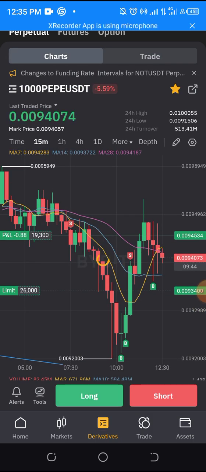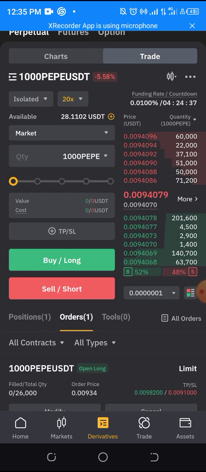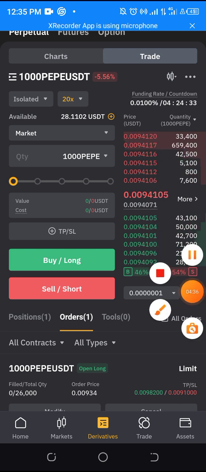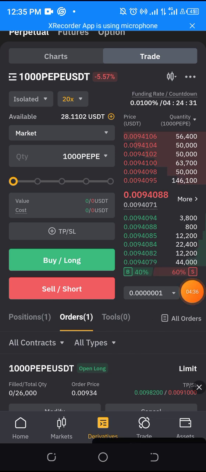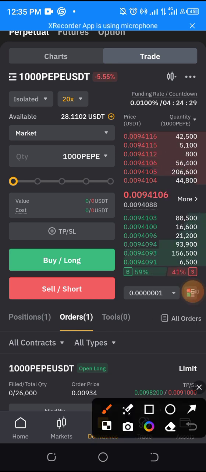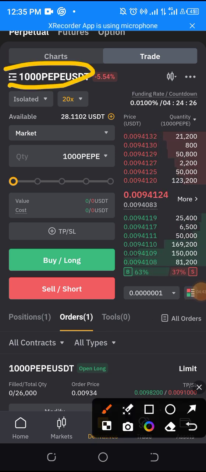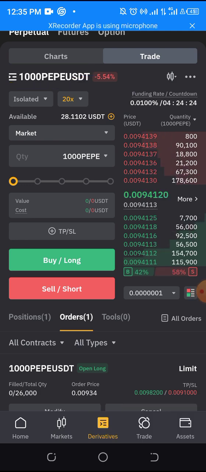I'm taking my time to explain this very well. All right, click on charts or trade. Let's go back to that trade and click this drop down menu to select any pair of your choice. It doesn't have to be 1000 PEPE. Click on this to select any pair of your choice.